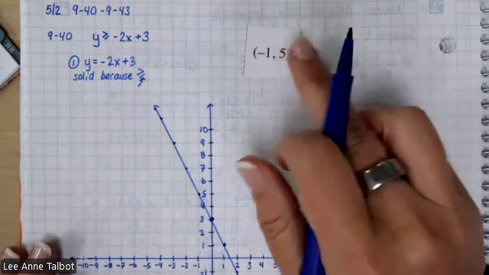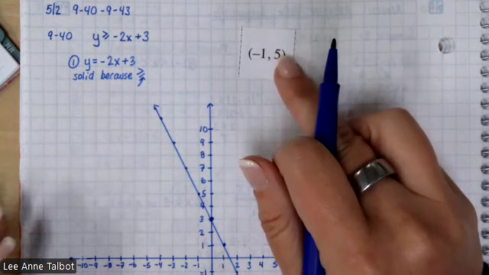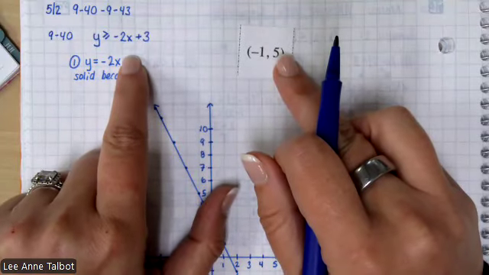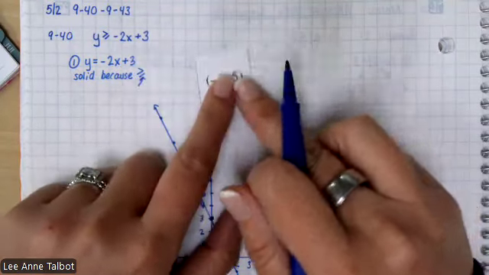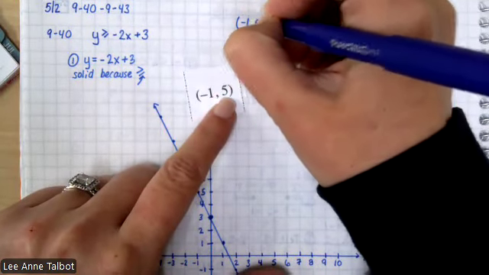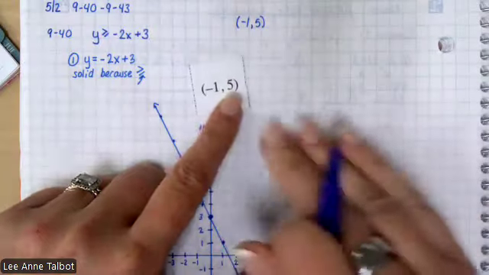Okay, so I'm going to give you guys a bunch of points in your groups. And what I want you to do is plug them in and figure out which ones are true and false. Okay, so I'm going to start my work up here. I'm going to say -1, 5. We're all going to do this one together as a practice one.